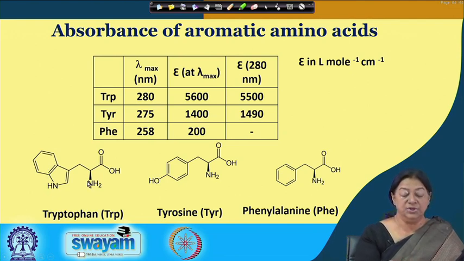And in addition to this, we have the different lambda max values. What does this mean? This means the wavelength at which we have the maximum absorbance for tryptophan, for tyrosine and for phenylalanine.